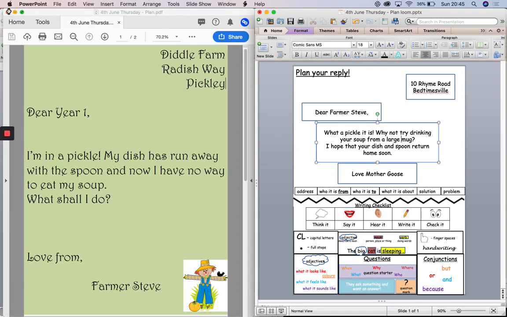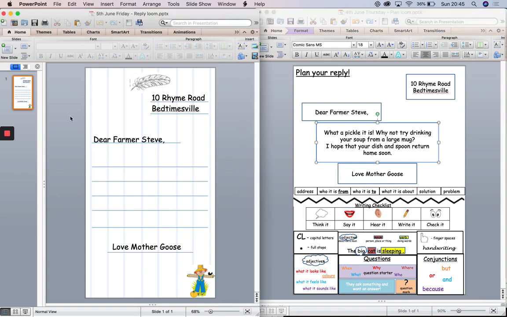On Friday, the 5th of June, you will then write your plan up neatly onto a piece of paper. Now, you have got this sheet. I've already started writing on there for myself, but you have got this sheet in the folder for Friday the 5th of June.